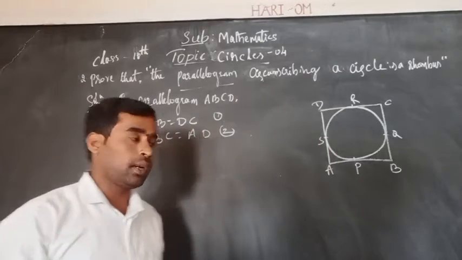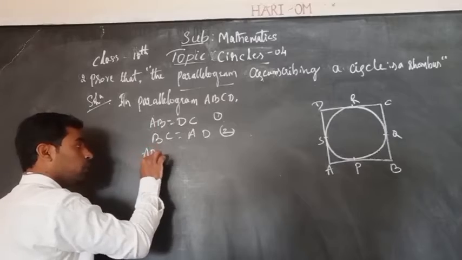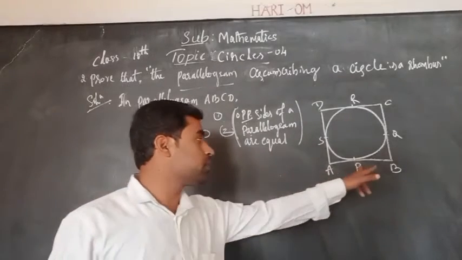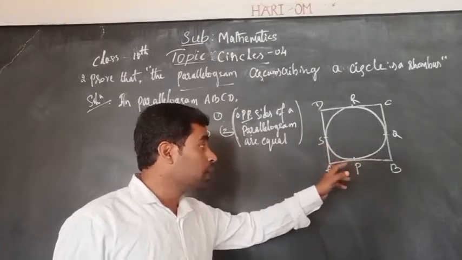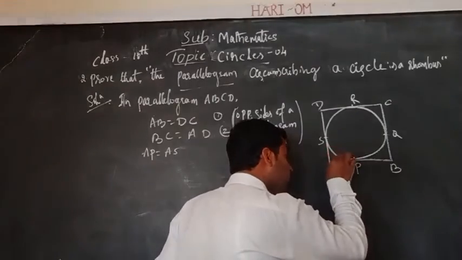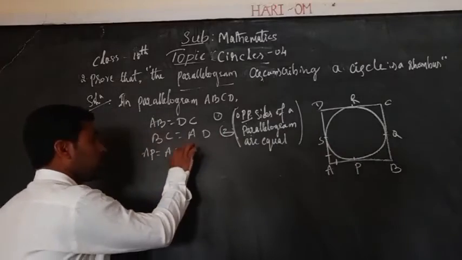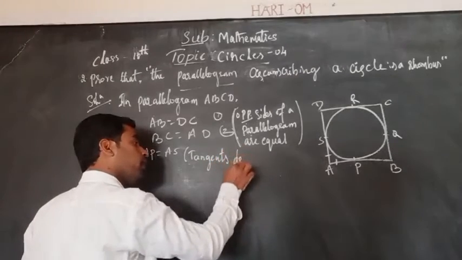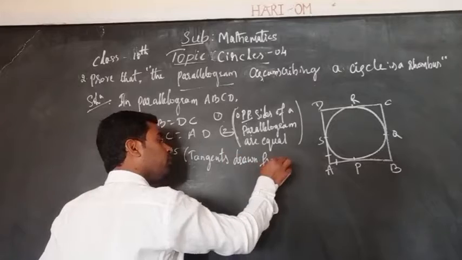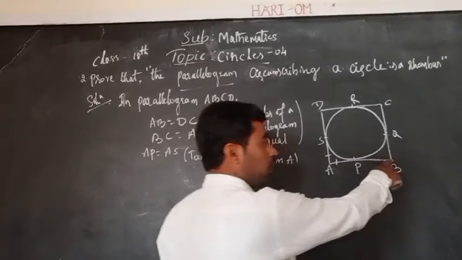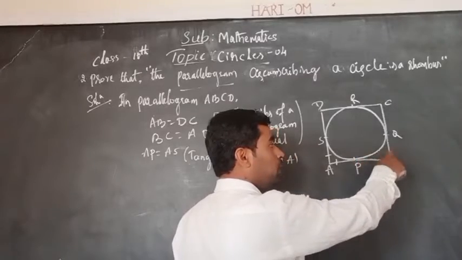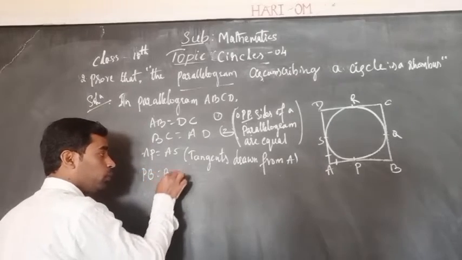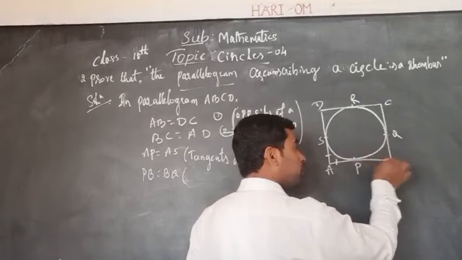The reason: tangents drawn from the external point A. Again, B is the external point, therefore PB is equal to BQ. Here the tangents are drawn from the external point B.